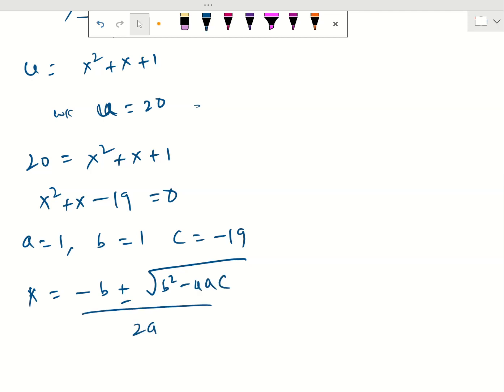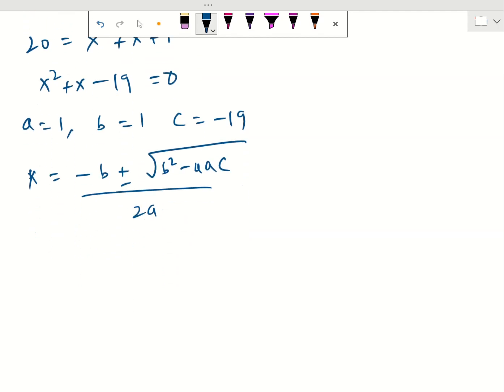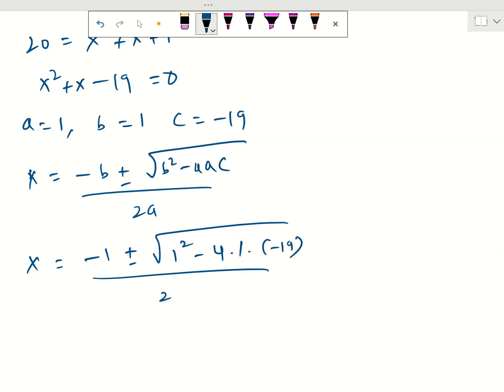So here the a value is 1 and the b value is 1, and the c value is minus 19. In x is equal to minus b plus or minus square root of b square minus 4ac divided by 2a, we substitute the values: x is equal to minus 1 plus or minus square root of 1 square minus 4 into a value 1 and c value minus 19, divided by 2 into 1.